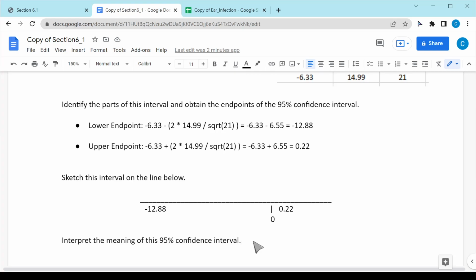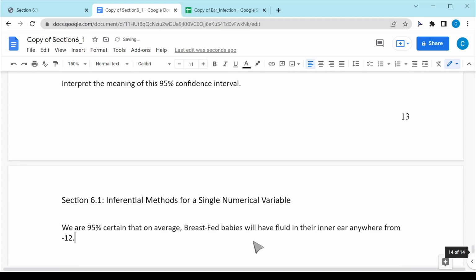So interpret the meaning of this confidence interval. Well, what we would say here, if I did it exactly with the numbers, I would say we are 95% certain that on average, breastfed babies will have fluid in their inner ear anywhere from negative 12.88 days to positive 0.22 days more.